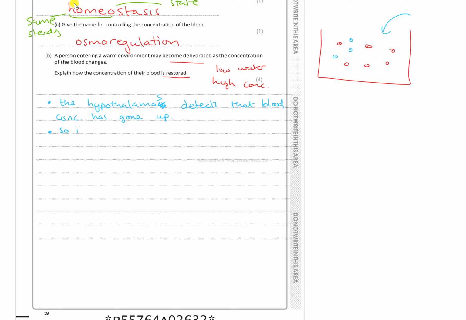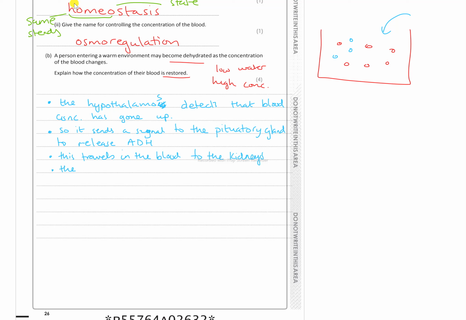So it sends a signal to the pituitary gland to release antidiuretic hormone. This travels in the bloodstream to the kidney or kidneys.